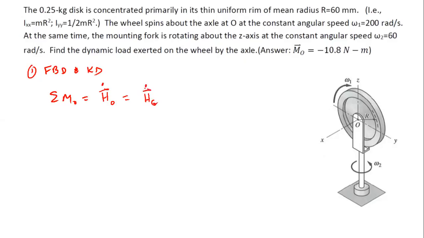So we're going to do our H dot about the little XYZ, and then add to it our capital omega crossed into our H of G. We would also have to do this for G to G, because we're really doing O to G times m a_G, but since we're doing it about that center point, that's just going to go to 0.